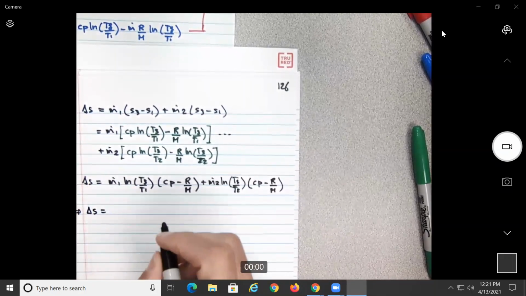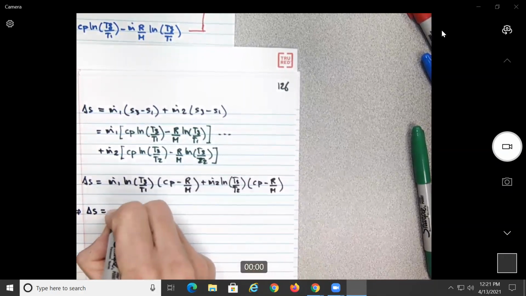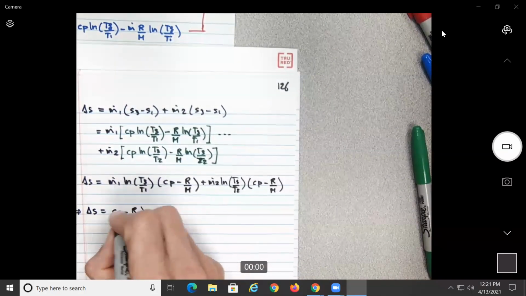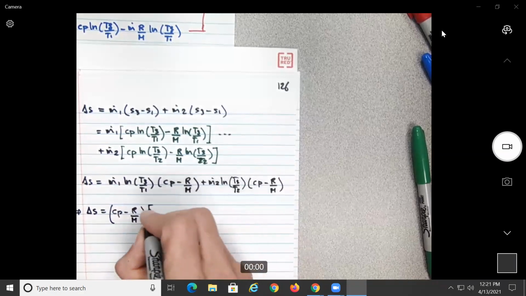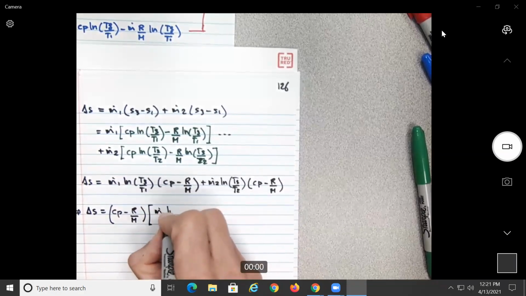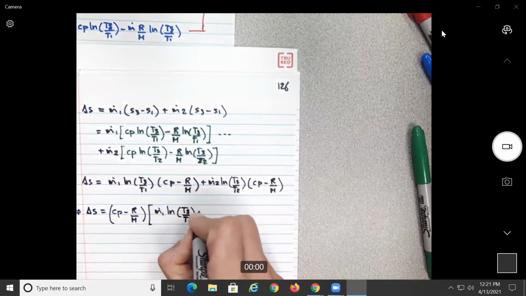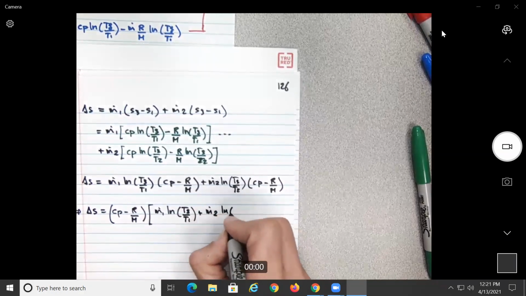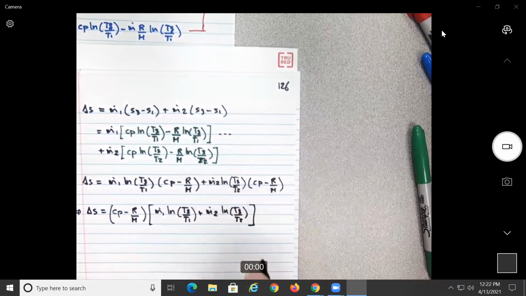We can factor out Cp minus R over M, times m dot 1 log T3 over T1 plus m dot 2 log T3 over T2.